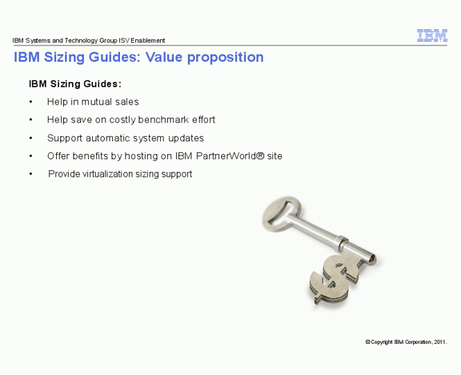IBM Sizing Guides help IBM and ISVs in mutual sales opportunities with joint marketing and sales strategies. Web-based IBM Sizing Guides are available for sizing ISV applications on the latest IBM hardware with consistent and reliable recommendations. IBM provides the tools and environment to create, host, and run the sizing guide.